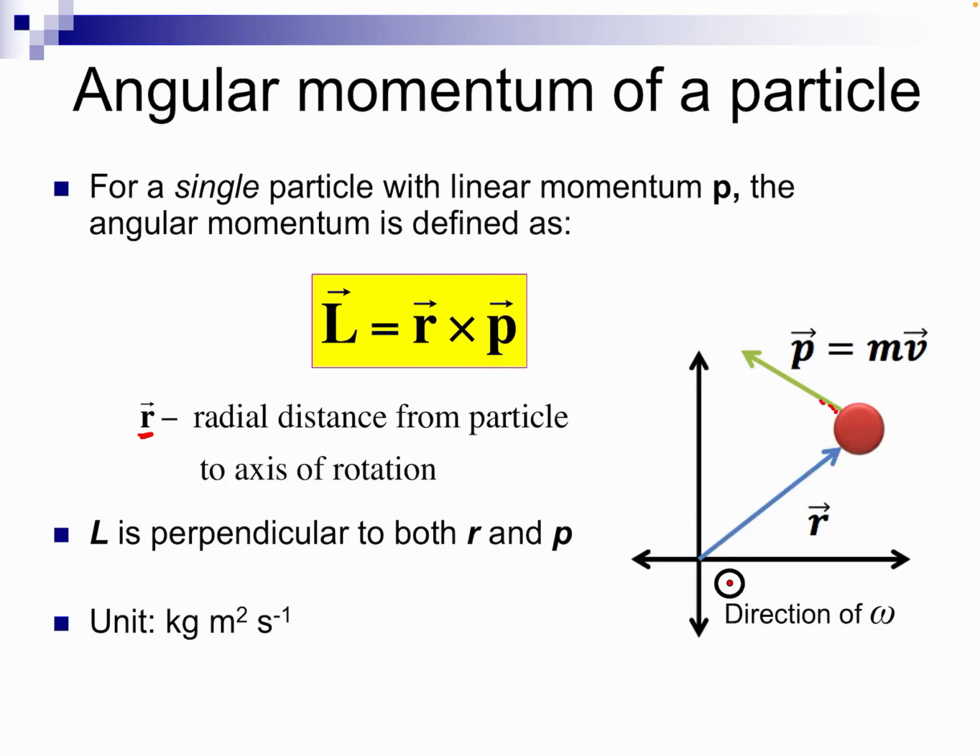If you trace this particle undergoing circular motion, it's essentially the radius of the circular path of the particle. And p is, of course, the linear momentum. And this cross here is not multiplication. This is the cross product. So the angular momentum of the particle that's undergoing circular motion is the cross product between the radial distance, or the radius of the circular path, and the linear momentum of the particle.